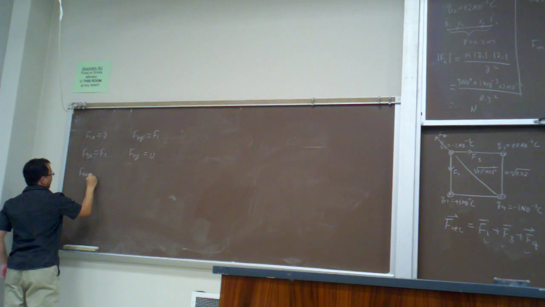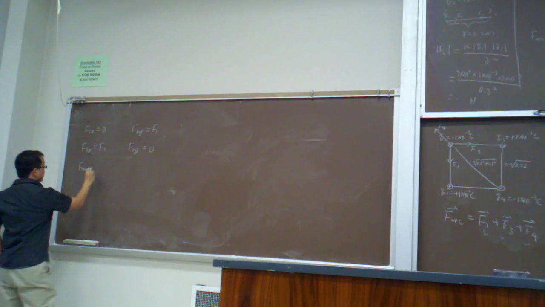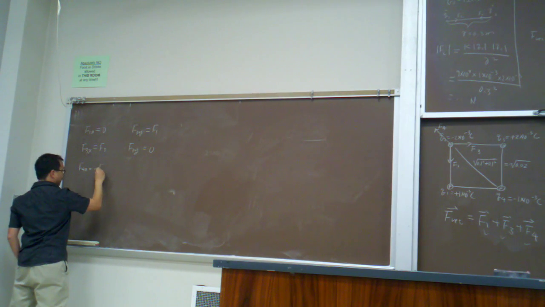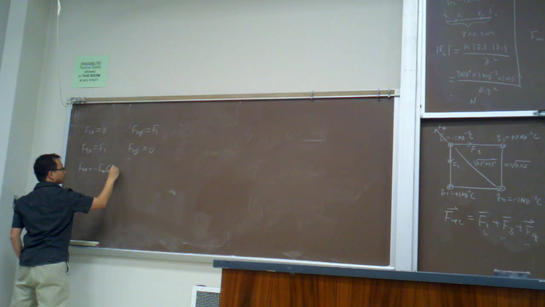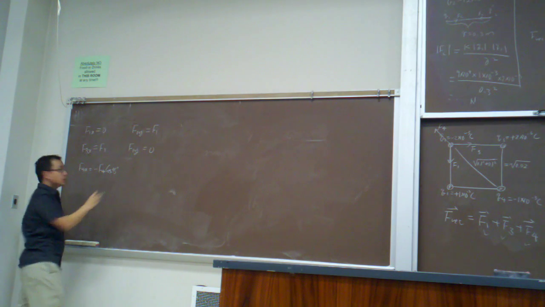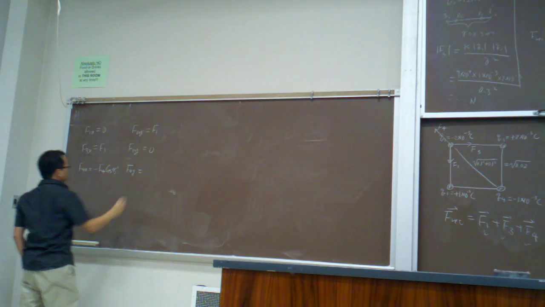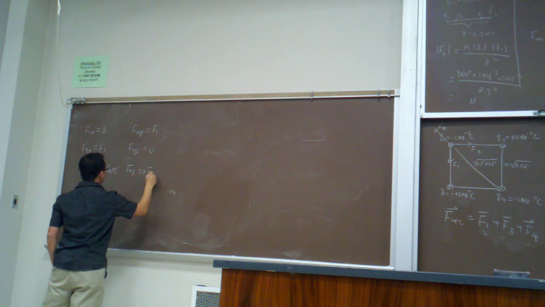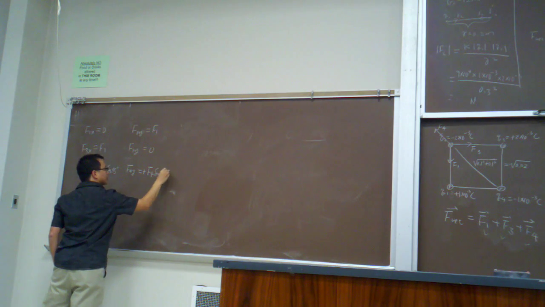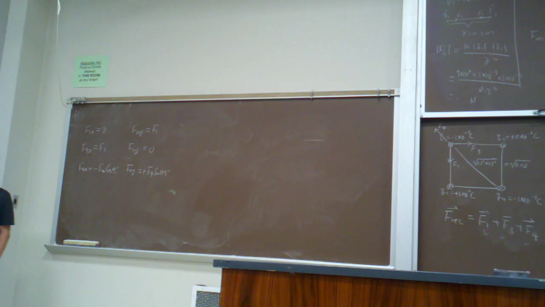F4x will be negative F4 multiplied by cosine 45 degrees, and F4y will be positive F4 multiplied by sine 45 degrees. Any question here for the decomposition?